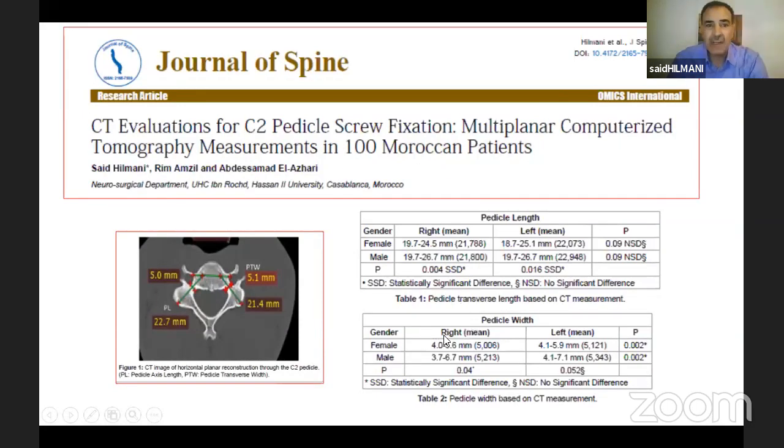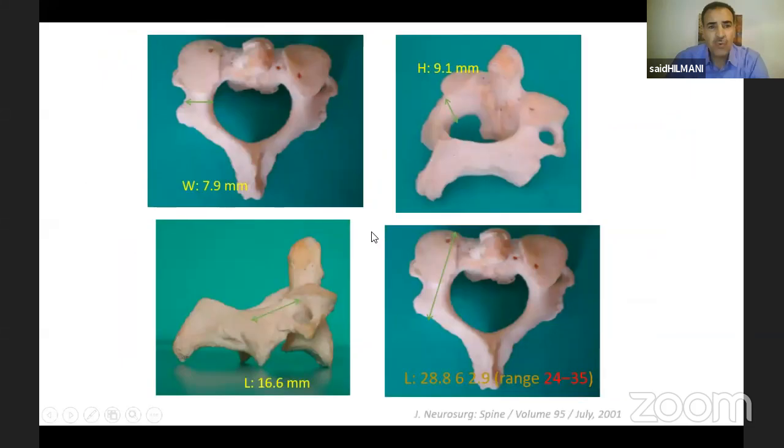In general, for the size of the pedicle and pars, we have the pars and the pedicle here, and the width is 8 millimeters. The height of the pedicle is 9 millimeters.